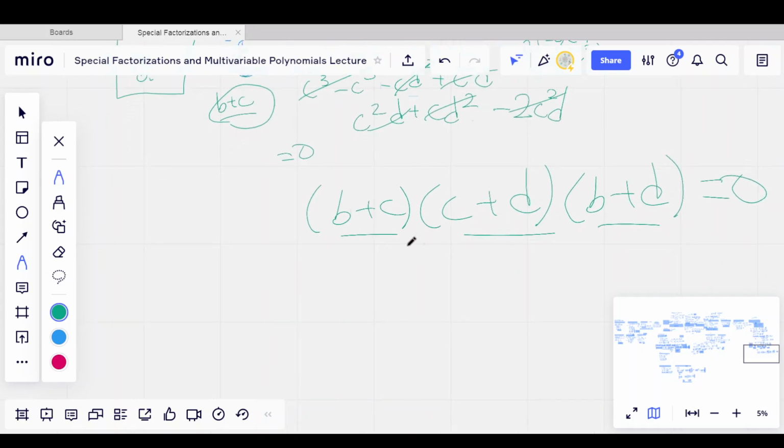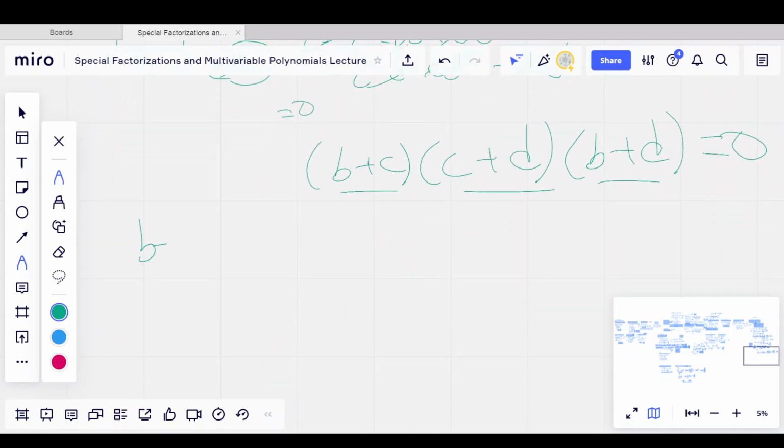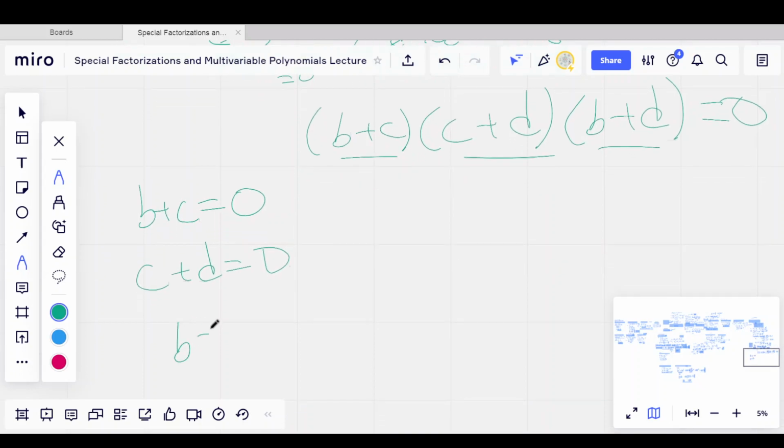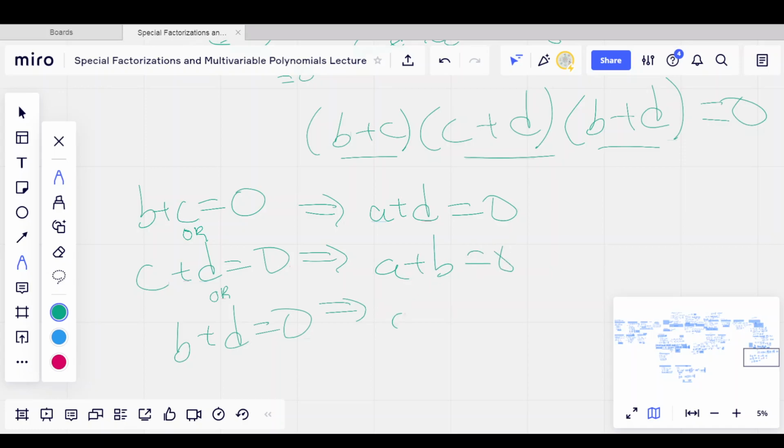So basically we're just saying that b plus c is equal to 0, c plus d equals 0, and b plus d equals 0. So we're putting these OR, okay? This implies that a plus d equals 0, a plus b is 0, and a plus c is 0.